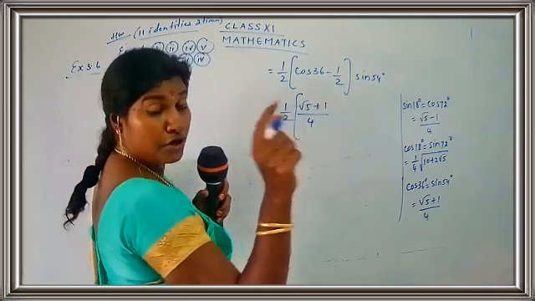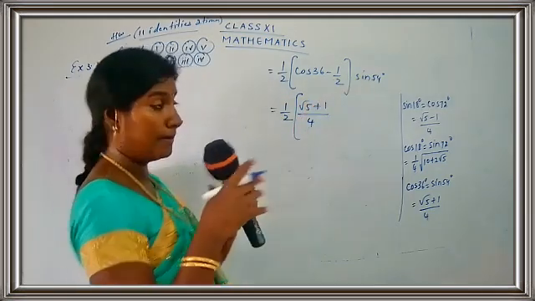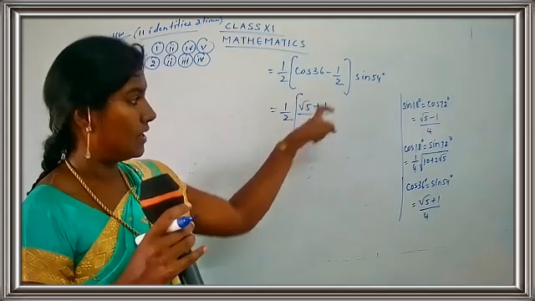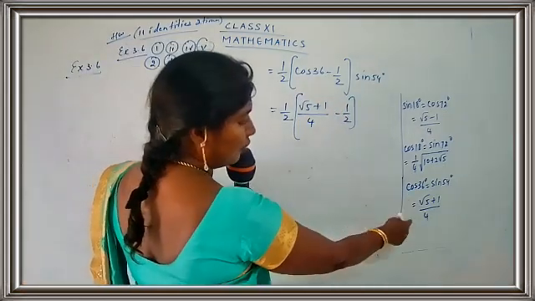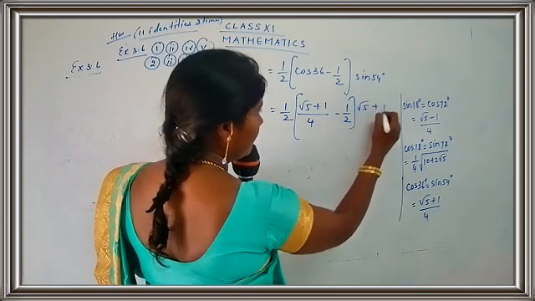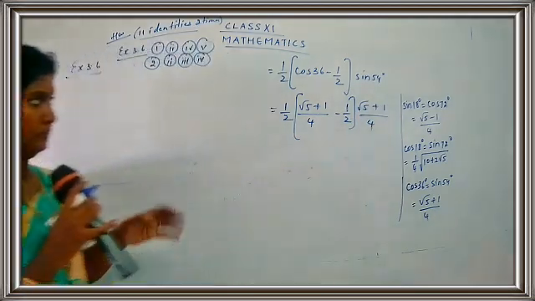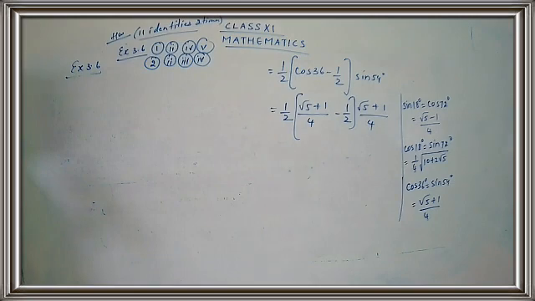It's not root 5 the whole for 1, it's only for root 5 plus 1 upon 4, minus half sin 54. Sin 54 again is root 5 plus 1 by 4, the same value for cos 36 and sin 54. So it's half of root 5 plus 1 by 4 minus half root 5 plus 1 by 4.